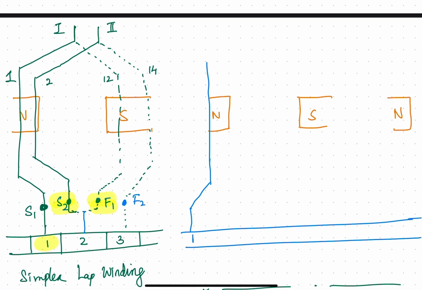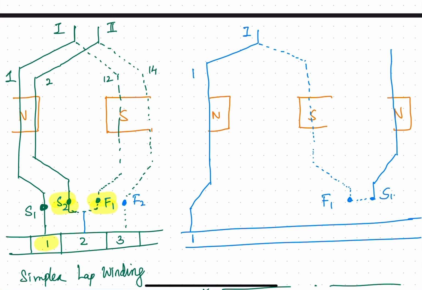If this is my segment number 1, if this is my coil number 1, this is the finish point, and this is not connected to the commutator segment here, but this goes to the next segment so that it gets connected to the same pole like this. So this is F1, finish F1 of the coil 1.